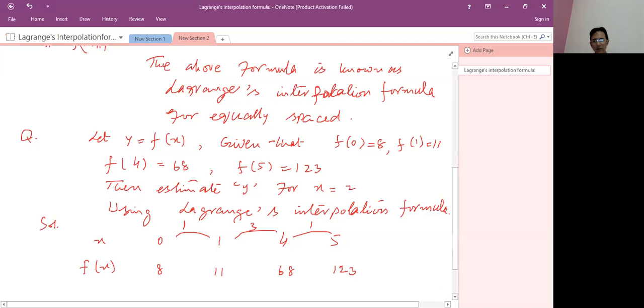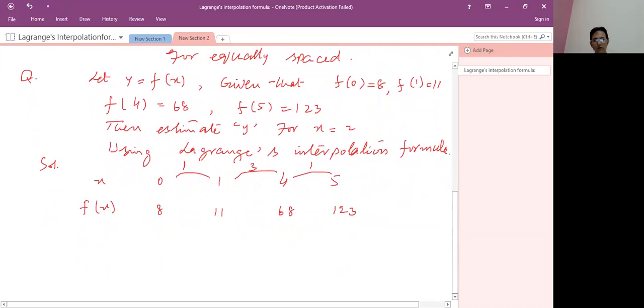That's why we are applying Lagrange's interpolation formula for unequally spaced values. We will determine the value when x is 2. When x is 2, we find y, which means f of x. So we will determine it according to Lagrange's interpolation formula.